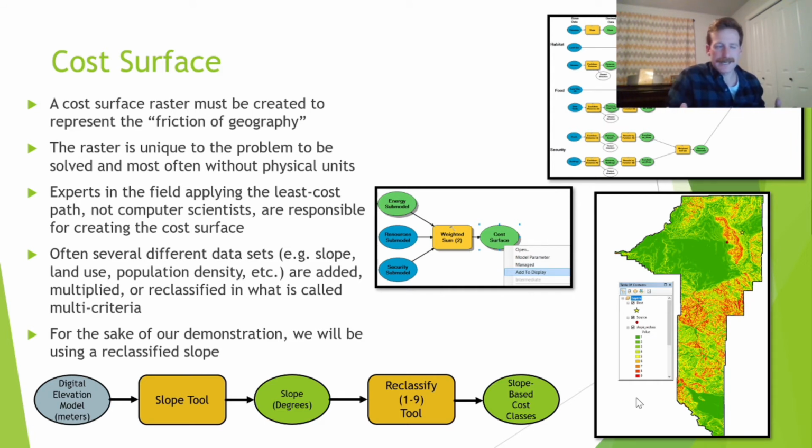It will be reclassified on a 1 to 9 scale, but essentially just think of it as slope. Know that cost surfaces can get pretty complicated though. Like, you can't even read this one up here, but I imagine it's about an animal, because they have different submodels that consider the habitat, the food availability, and the security of the animal, and all of those things come together to build one cost surface.